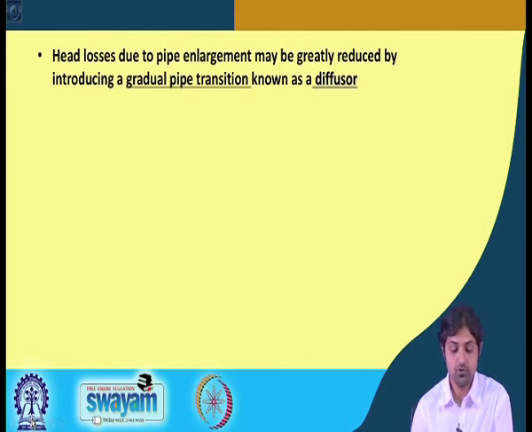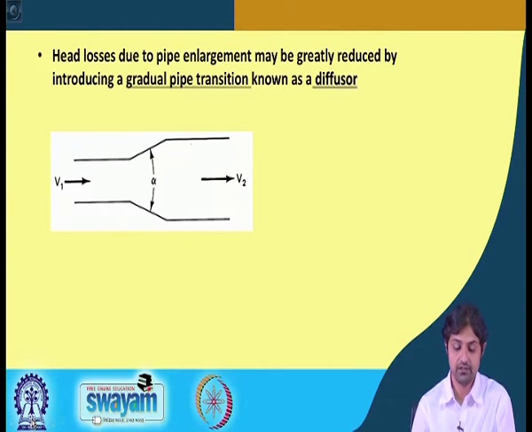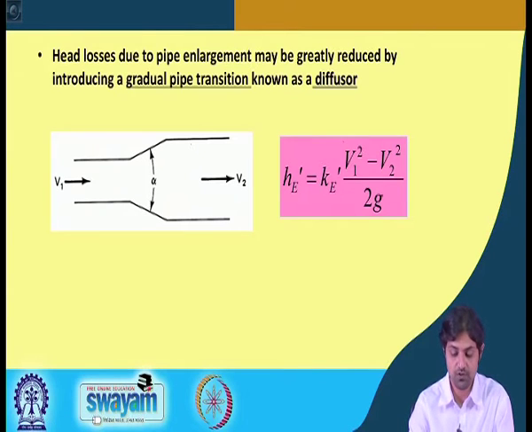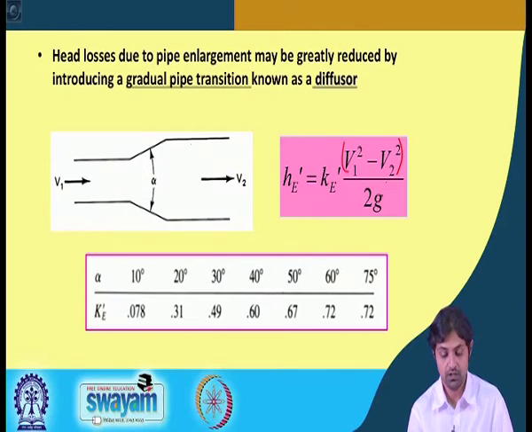Head losses due to pipe enlargement may be greatly reduced by introducing gradual pipe transitions known as diffusers. That was confusers and this was diffuser, something like this. In this case also we will have a formula for the head loss as Ke dash into V1 square minus V2 square by 2g, and Ke can be taken from this table.